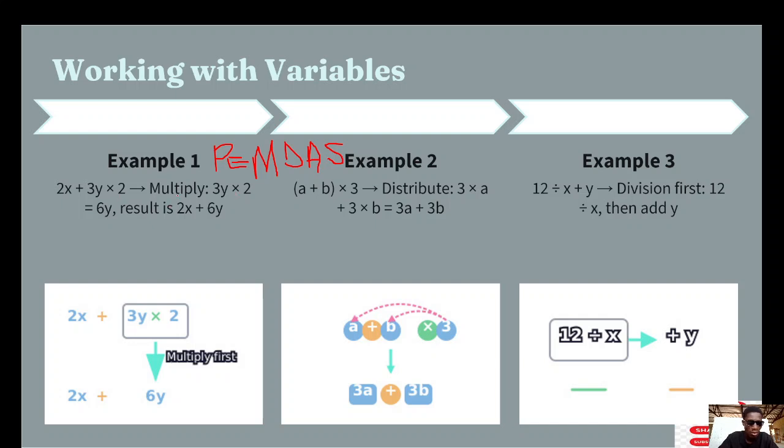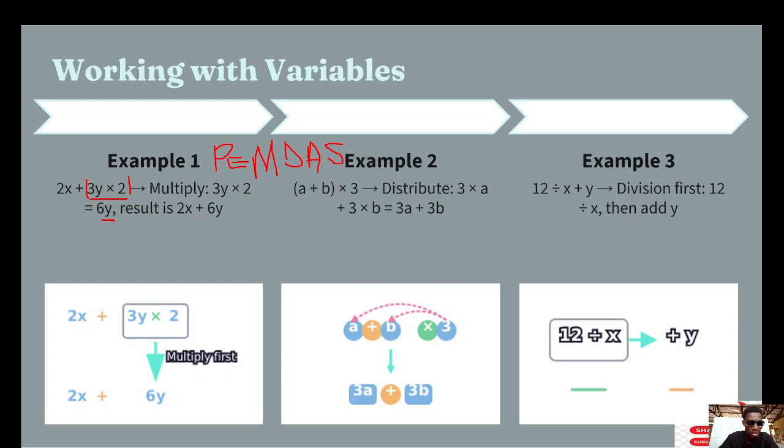So we have these expressions. Remember, it doesn't have an equal to sign, so it is an expression. You have 2x plus 3y times 2. So first you multiply first, so you group it into this. You can decide to put it into a bracket to get a parenthesis. Then 3y times 2 gives us 6y. So we have the 6y, then the result is now added to 2x.